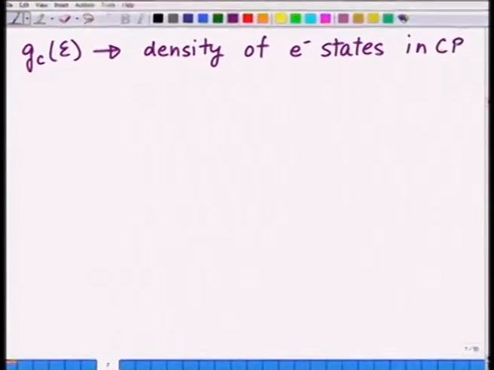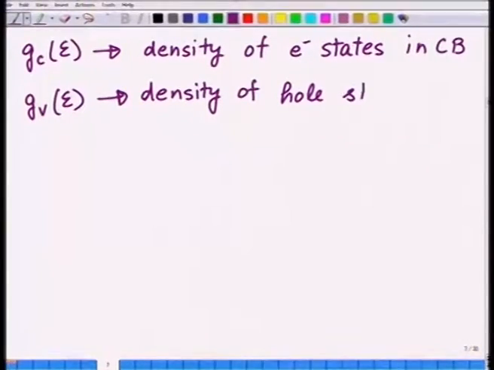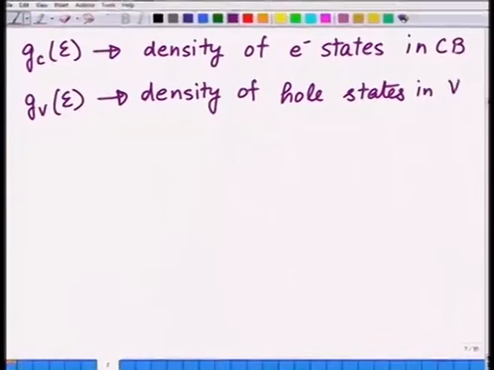Now I have calculated the density of hole states in the valence band. The same logic applies as I go down, and as I reach the bottom of the band, again my density of states should go down to 0, which is not predicted by this equation.